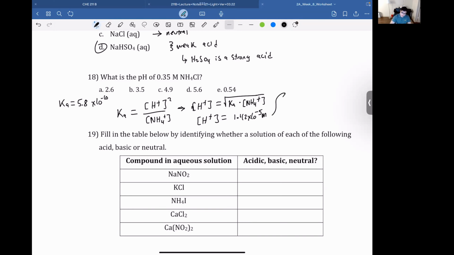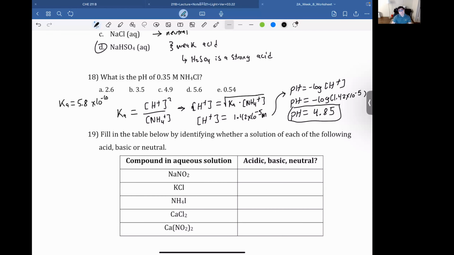Then we can plug this into the pH formula, negative log of 1.42 times 10 to the negative fifth. And then we get 4.85.